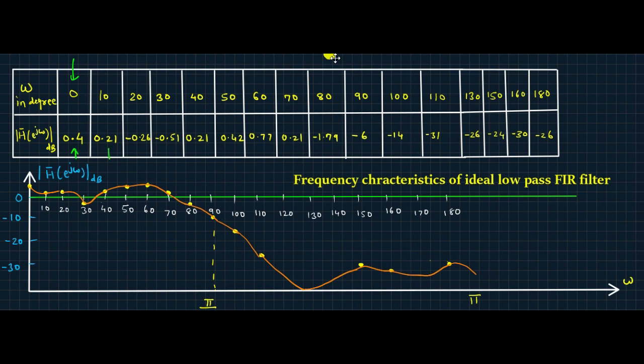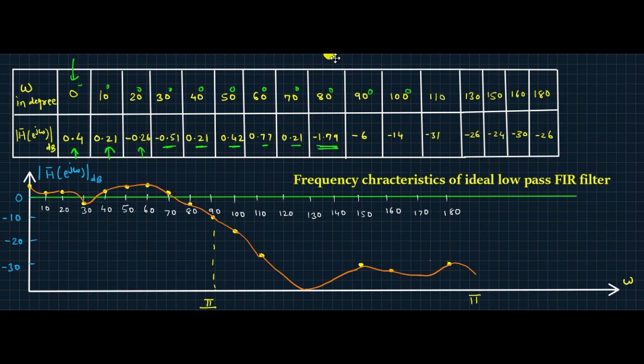For omega equal to 10, 0.21; for 20, minus 0.26; for 30, minus 0.51; for 40, 0.21; 50, 0.42; 60, 0.7; and so on up to 80 degrees and 90 degrees. For 80 degrees, the gain starts falling.